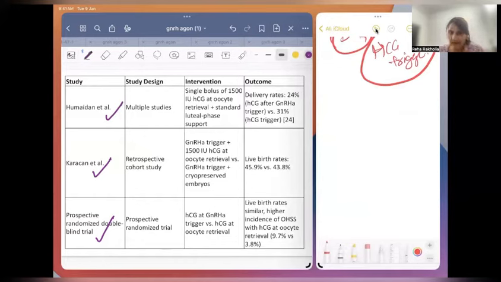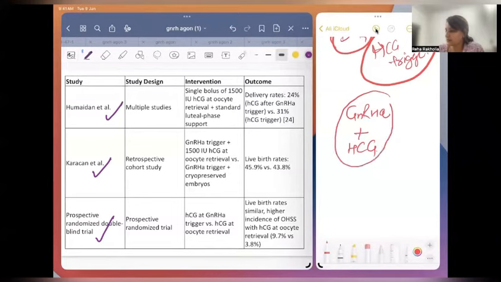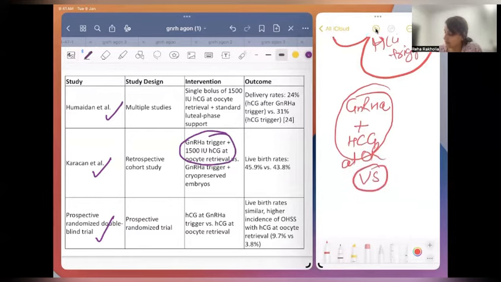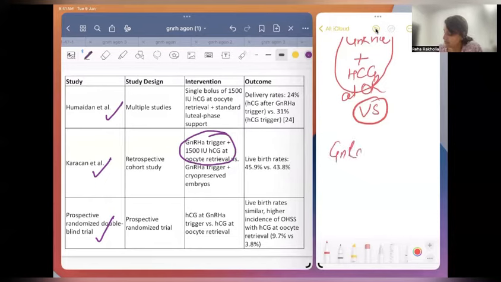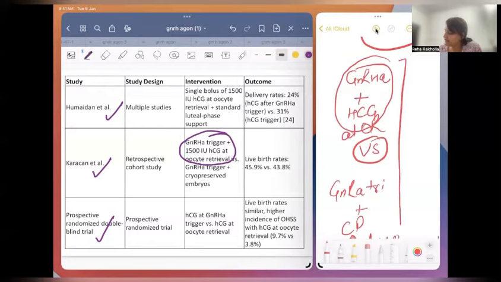Then Karakin et al. said that when GnRH agonist was given with HCG at the oocyte retrieval, compared with GnRH agonist trigger plus cryopreserved embryo, live birth rates were similar or almost similar.